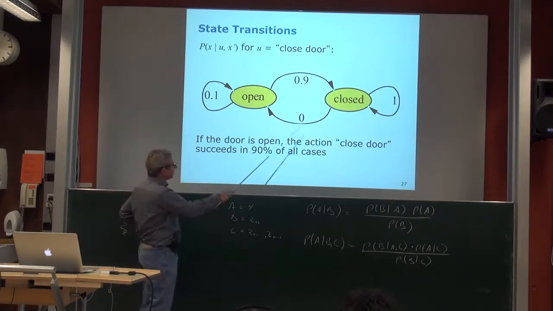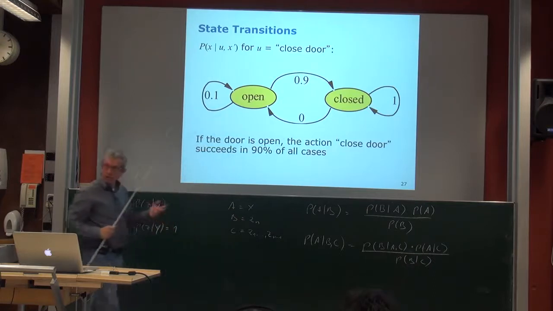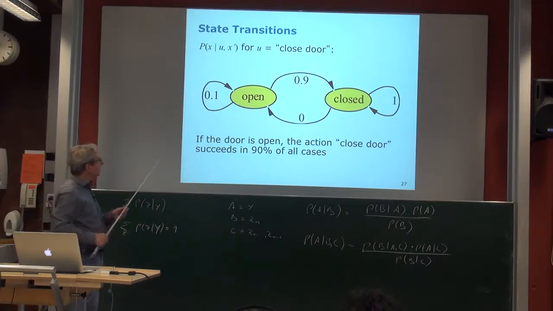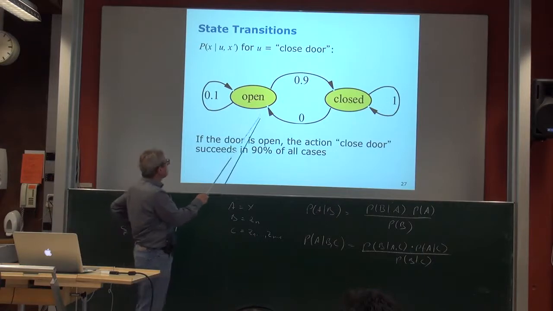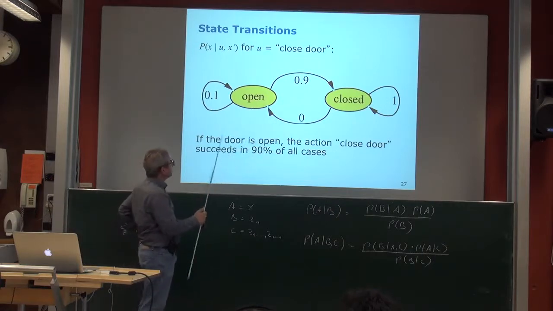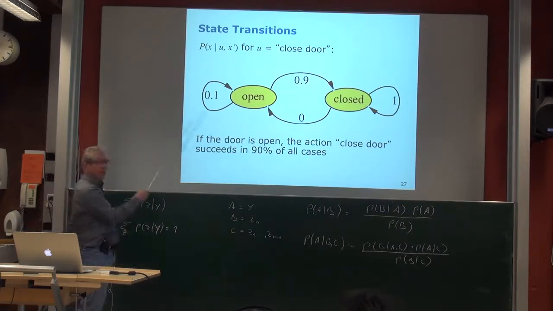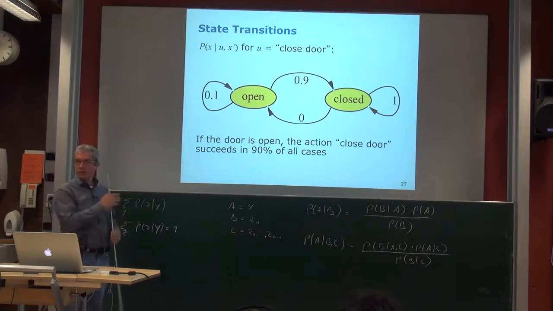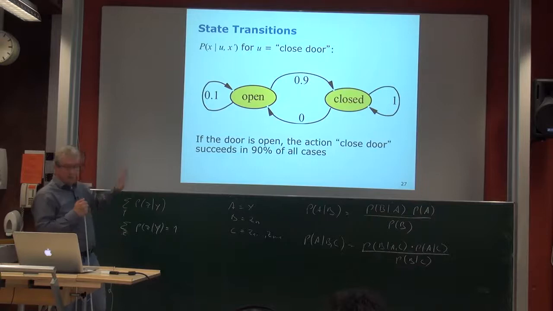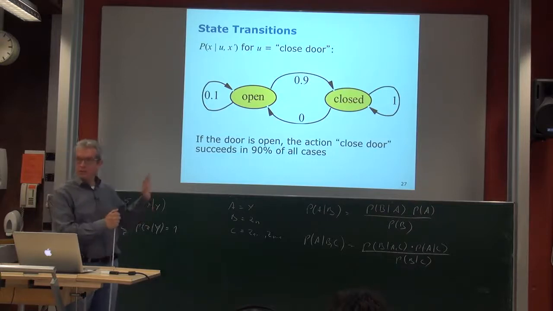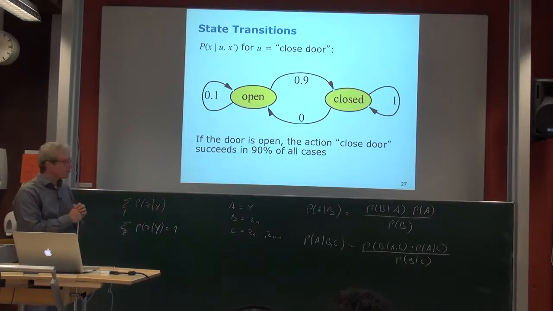It never goes from closed to open with the closing door action once it is closed, but if it's open and it executes a close door action, in 90% of all cases the robot actually succeeds, and in 10% of all the cases the robot fails, which means that we have a stochastic graph of that type. So the closing door action is successful in 90% of all cases.